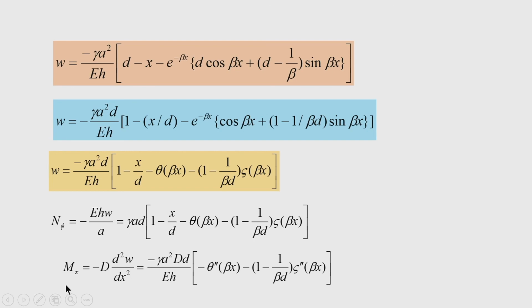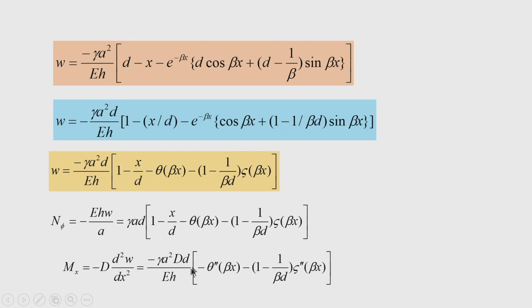Bending moment is obtained by calculating the second derivative of this deflection function and then multiplying this second derivative with the flexural rigidity. So, bending moment is obtained as minus gamma a square capital D into small d divided by E h into minus theta double prime. You should distinguish between two symbols: capital D is the flexural rigidity of the shell, whereas small d is the depth of the tank or depth of the water in the tank.